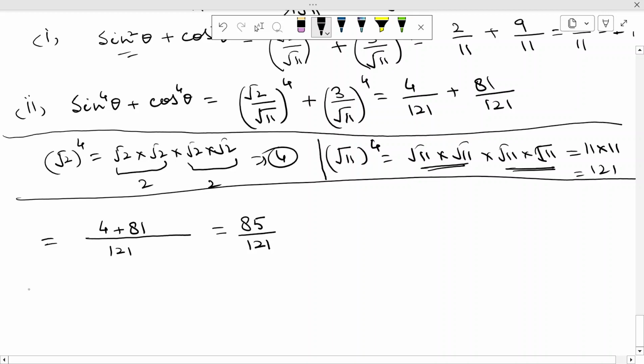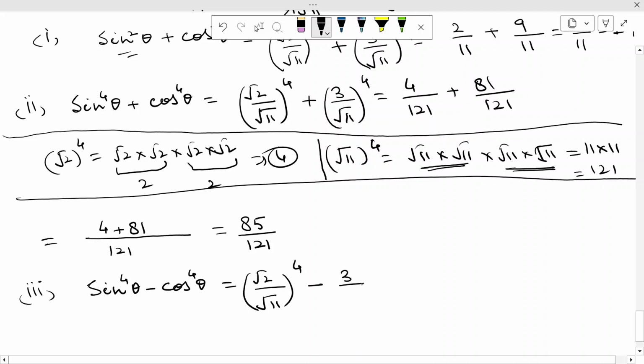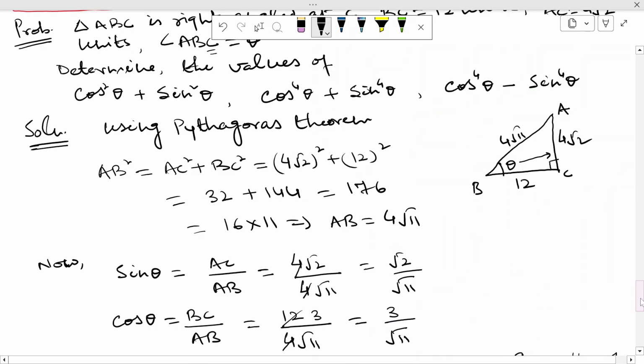Now, in the third part, we have to find sine to the power 4 theta minus cos to the power 4 theta. So this will be root 2 over root 11 to the power 4 minus 3 over root 11 to the power 4. So this is coming out as 4 over 121 minus, this is in fact, I think we made a mistake here.